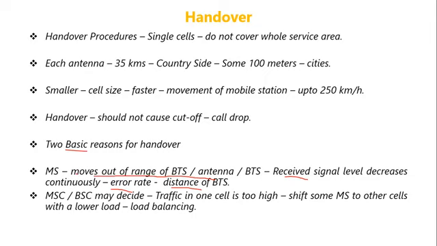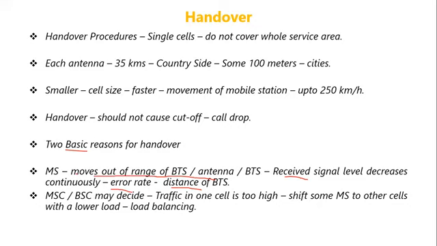There are two cells. In one cell the traffic is too high. In the other cell the traffic is very low. So the MSC or BSC may decide to shift some of the mobile stations from one cell to another cell. So in this second case, the handover is happening for load balancing.